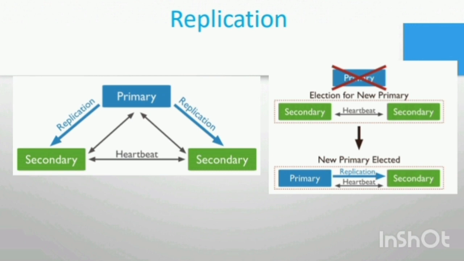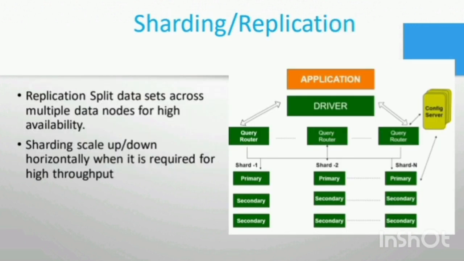Some of the key features of MongoDB: schema-less design, which is a very important one because it lowers the data complexity. Data is stored in BSON, binary JSON format. MongoDB is designed to scale horizontally across large clusters of commodity servers or cloud environments.